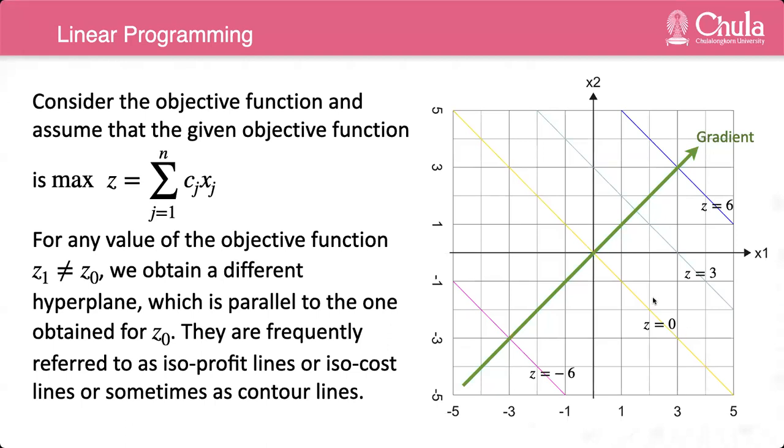Well, we can guarantee that this objective function must be 0 because it passes the coordinate of 0, 0. Right? If it passes the coordinate of 0, 0, that means both variables are 0, then the objective function must be 0, right?